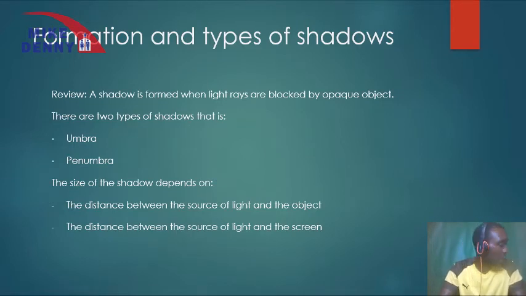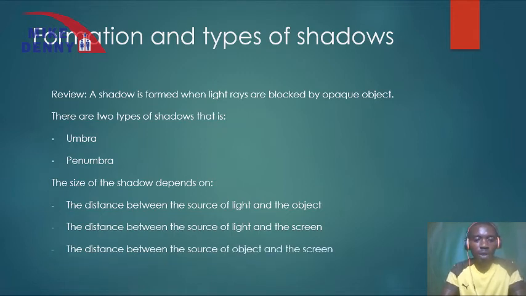The screen is a point or the surface where you see the shadow. Therefore, the distance between the source of light and the screen determines the size of the shadow. We move to the 3rd point, where we have the distance between the object and the screen. These are the three factors that determine the size of the shadow.